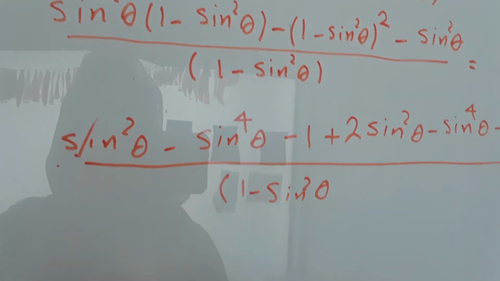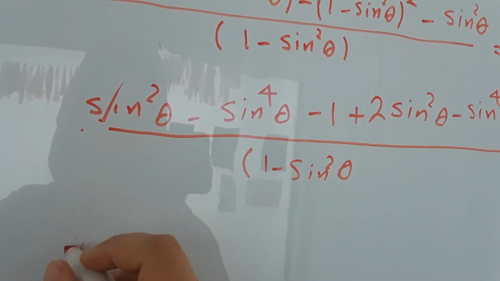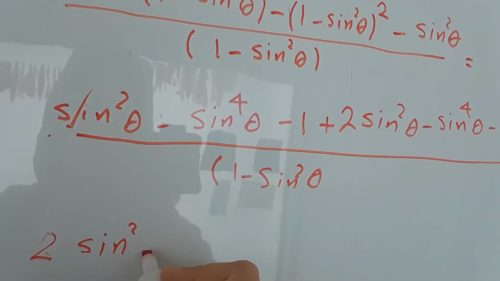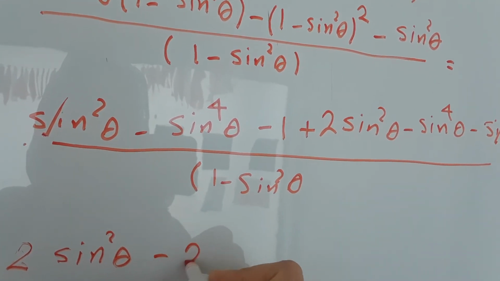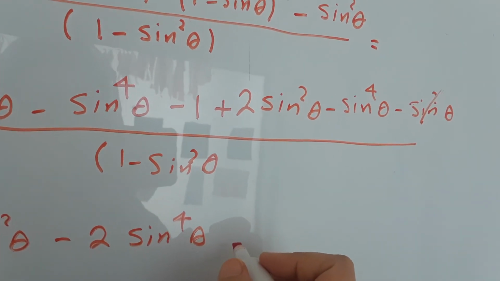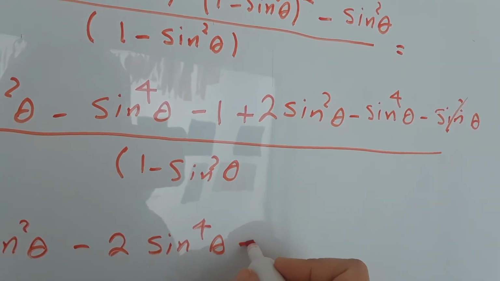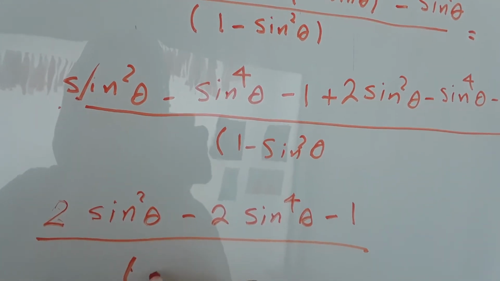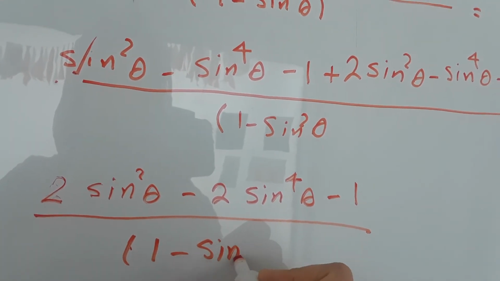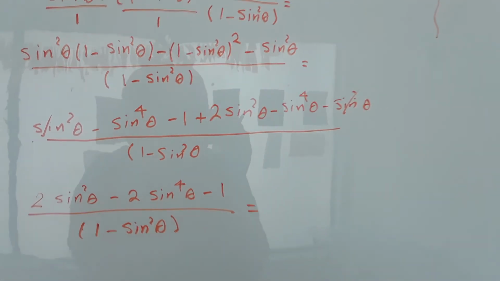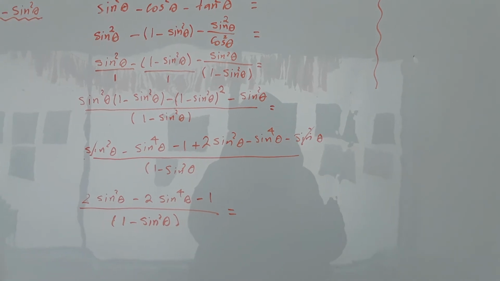So what I write is 2 sine power 2 theta minus 2 sine power 4 theta minus 1 divided by 1 minus sine power 2 theta. Okay, see that this is my left side.